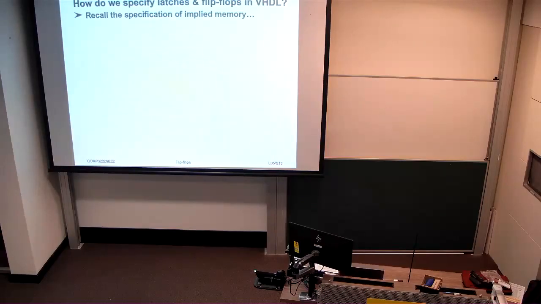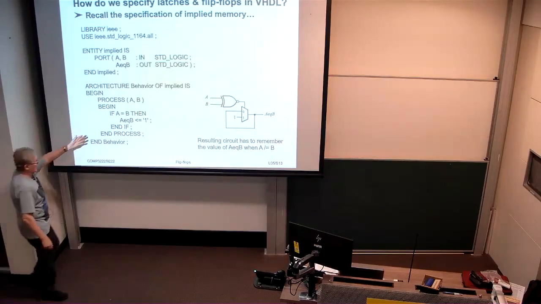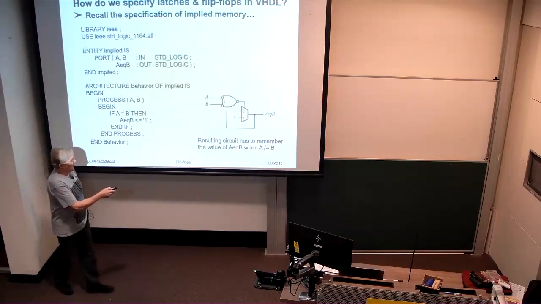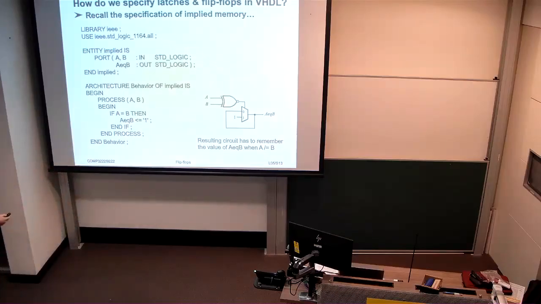I hope you also remember that last week we were talking about implied memory on Friday in particular. We saw this example of a process that had an if statement in it implying a mux. It has this XNOR gate, which is checking whether A equals B, and when it's 1, it assigns a 1 to the output.